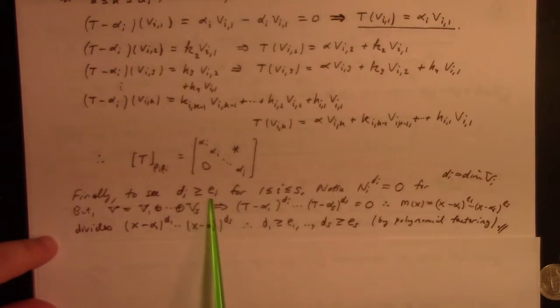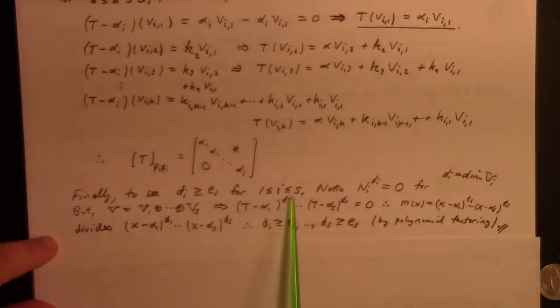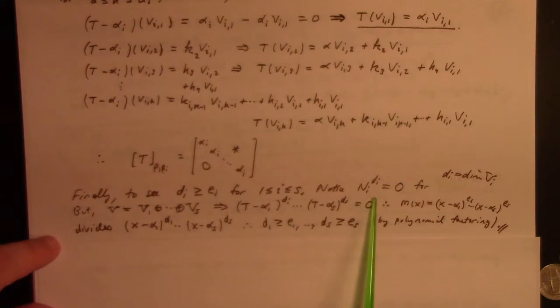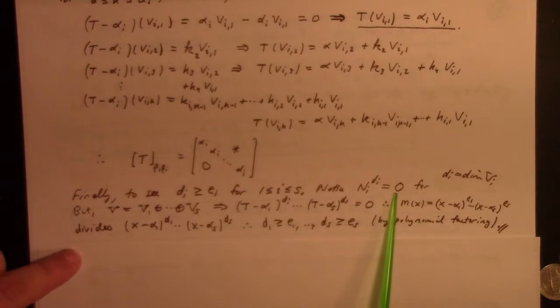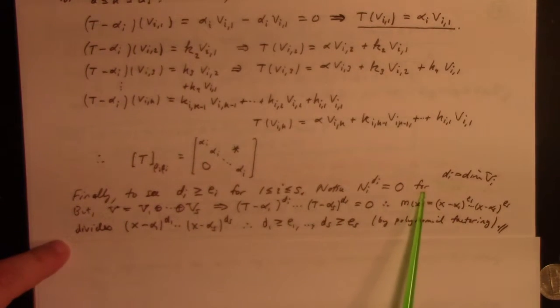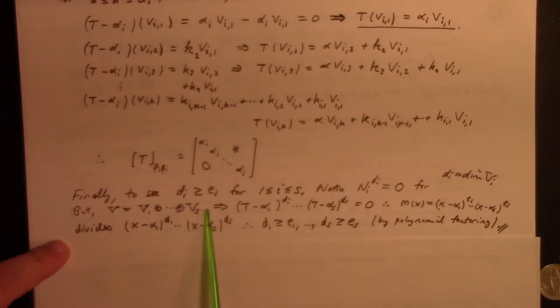And finally, to see that di is greater than or equal to ei for each i, notice that if you have ni to the di power equal to 0, we have that for di equal to the dimension of vi. But we also know that v is the direct sum of v1 through vs, which implies that (t minus alpha i) to the di is equal to 0.